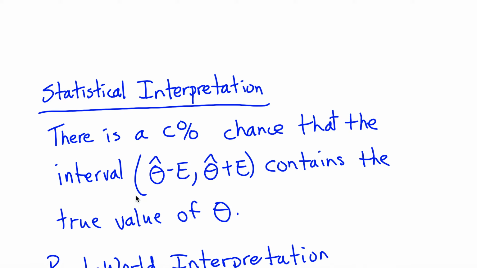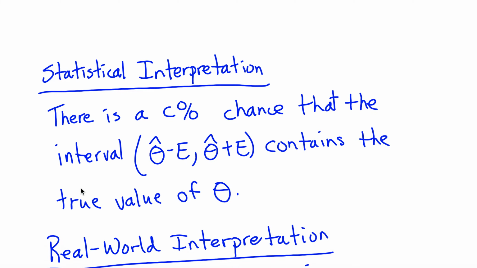Statistically, the interpretation of a confidence interval is that there's a certain percentage chance, or what we call C% chance, that that interval, whatever interval you come up with, contains the true value of your parameter. So as an example, throwing that ring around, my small little tiny ring, I'm like 90% sure I'm going to get that small ring around my post.